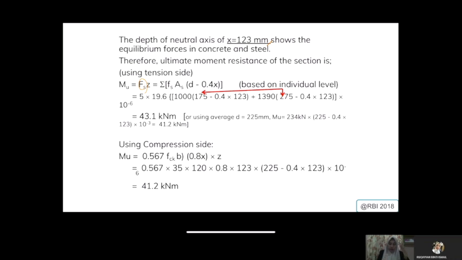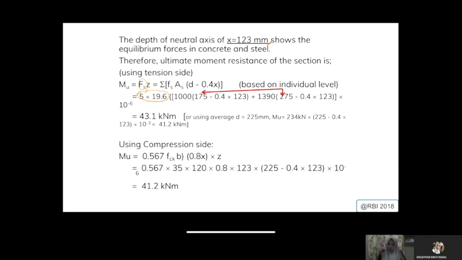Once you take the tension side, you have to consider your Fs multiplied with z, since we have 2 layers of steel. If you look here, they put outside the bracket the parameters that are common, which are the number of tendons and also the area of the tendon, because we are using the same tendon for both layers and the number of tendons is also the same.